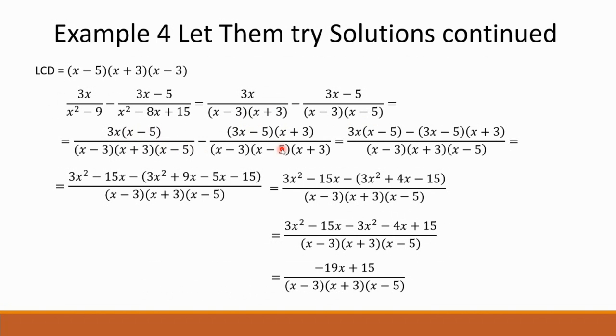Here, same idea. We multiply bottom and top by what's missing to make the denominator the LCD. We have x plus 3, as you can see, is what we're missing. So we multiply that, but we do the same to the top, and we get this.